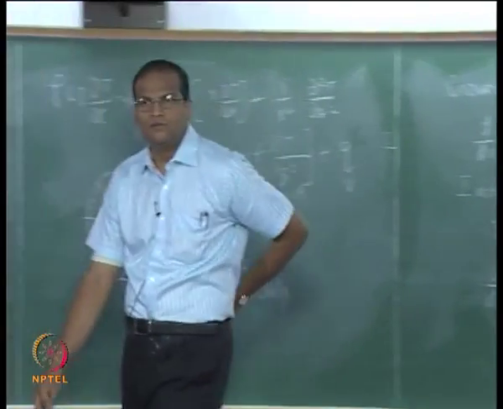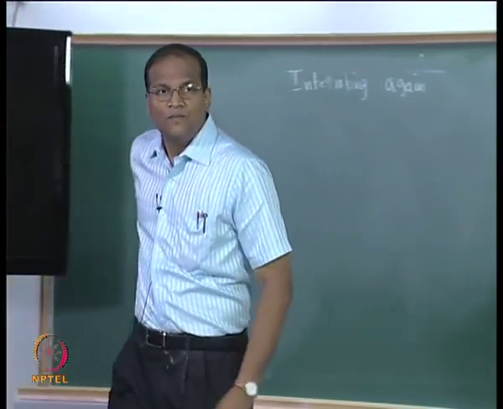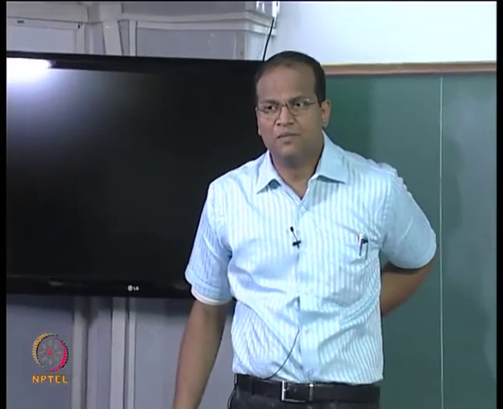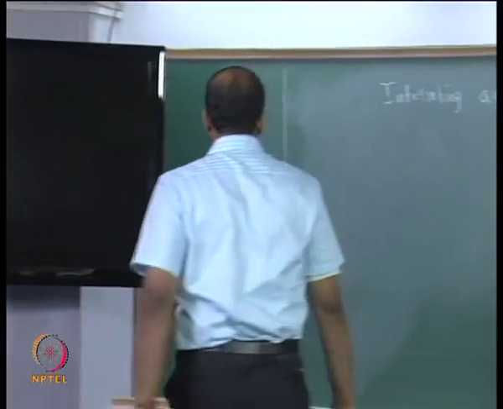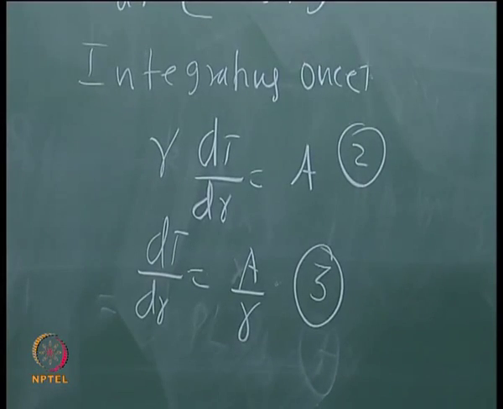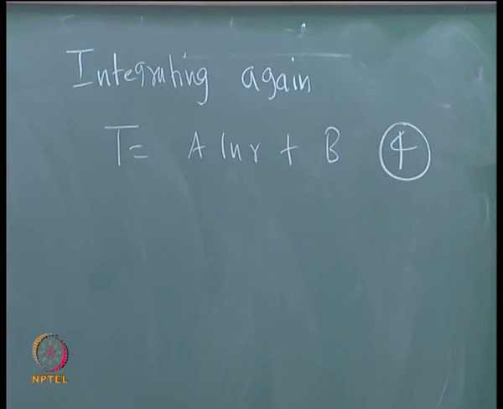T equal to A ln r plus B, correct? Now substitute the two boundary conditions: at r equal to r1, T equal to T1, and at r equal to r2, T equal to T2, that is specified to us.